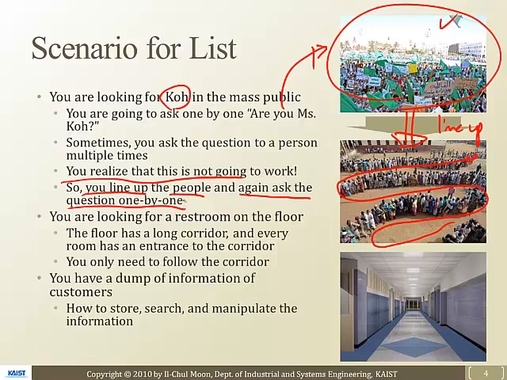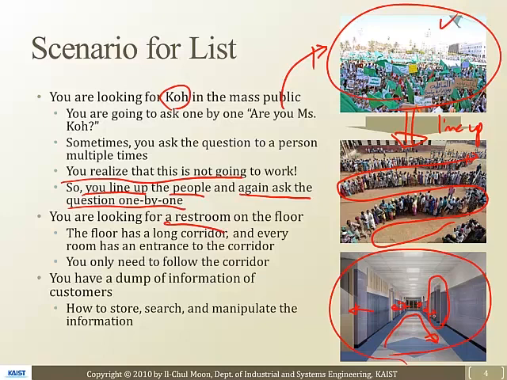Again, like the corridor structure. Unlike the maze, where you really can't find a good directionality with good intuition, this corridor gives you a good intuition. If you want to find the restroom, you might find it here, here, or here. If you don't find it, then circle around, and you will find it here. Actually, there is a restroom here, and you will find it, right?